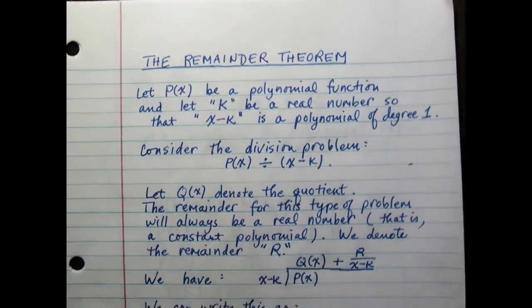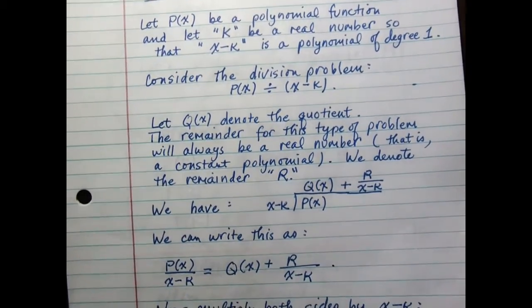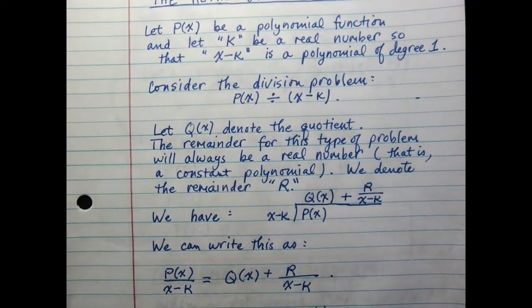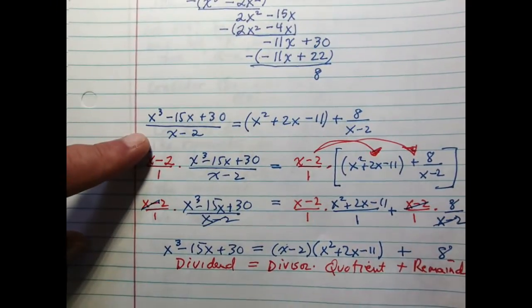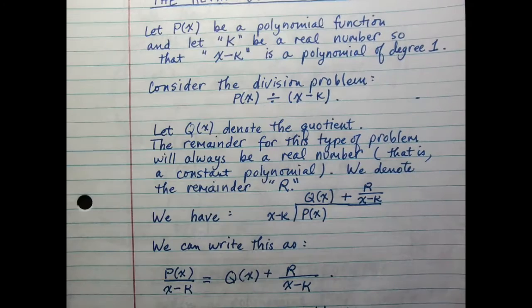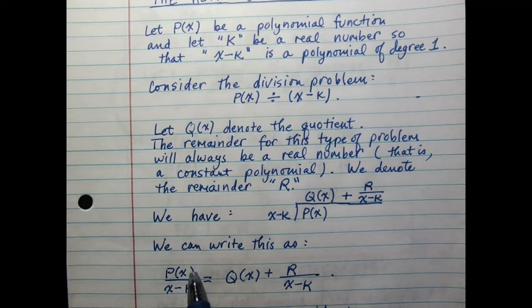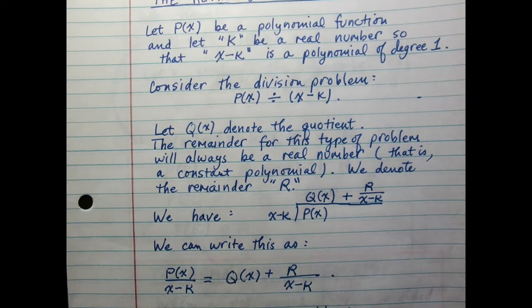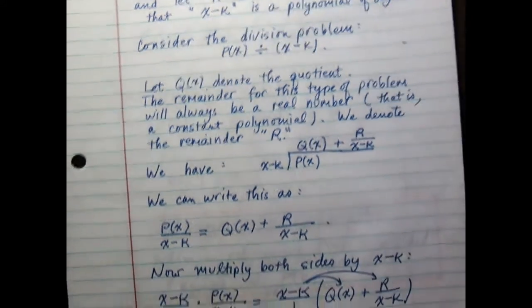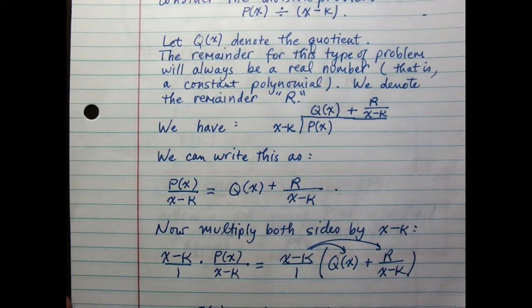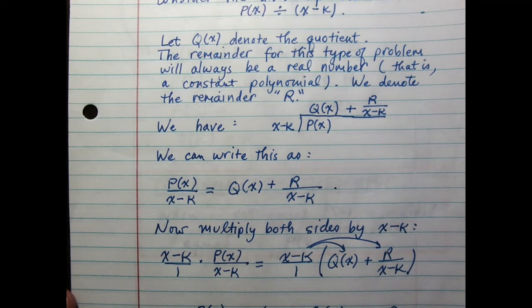So now we're going to take that result in symbols and write it in that form again. In the previous video I wrote it out with the actual polynomials involved. Now let's write it out in this abstract way. So p of x divided by x minus k equals the quotient q of x plus the remainder over x minus k. And I'm going to multiply both sides by x minus k.